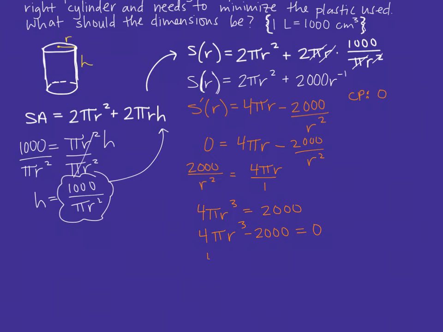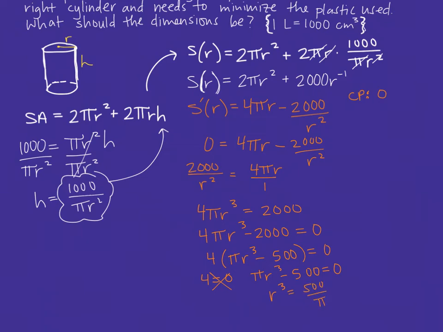I'm going to factor a 4 out, so we'll have pi r cubed minus 500 equals 0. So 4 equaling 0 does not provide us with any solutions. And then we have pi r cubed minus 500 equals 0. So we'll have that r cubed equals 500 over pi.